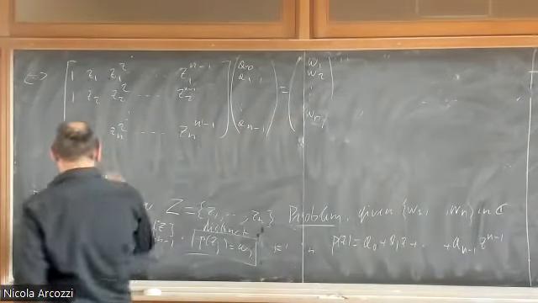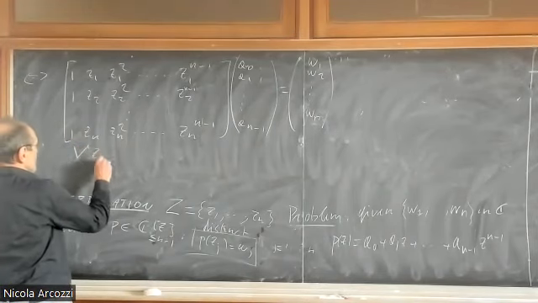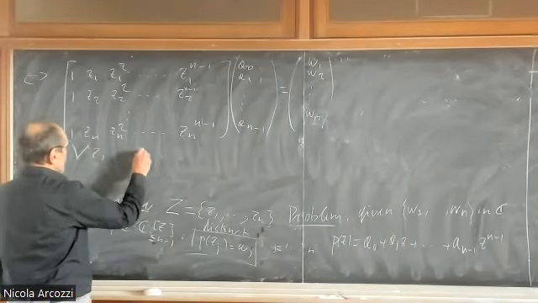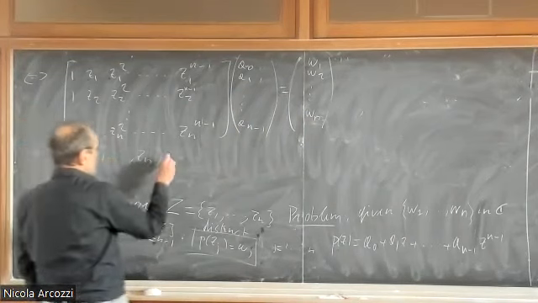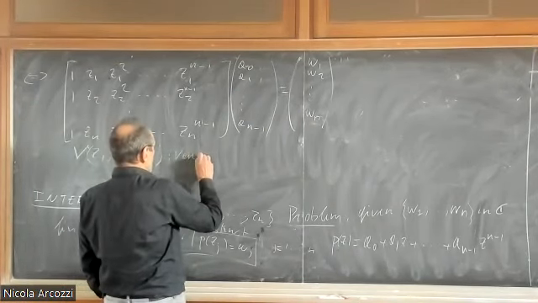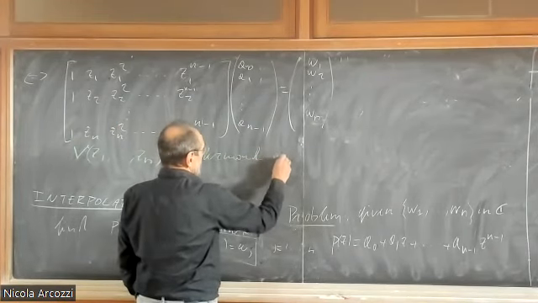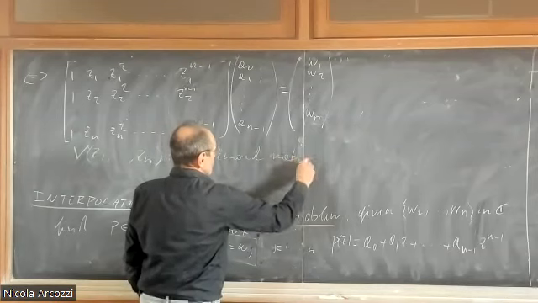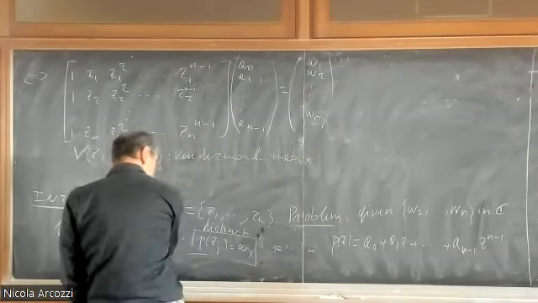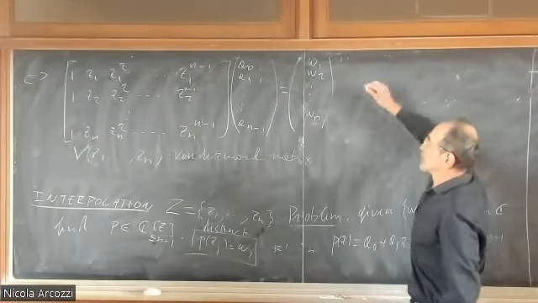So let's call this matrix B, a 1-to-n matrix. And this problem has a unique solution.